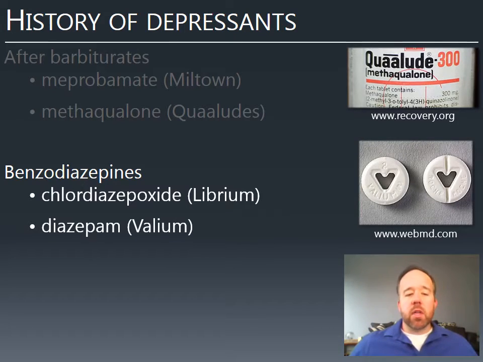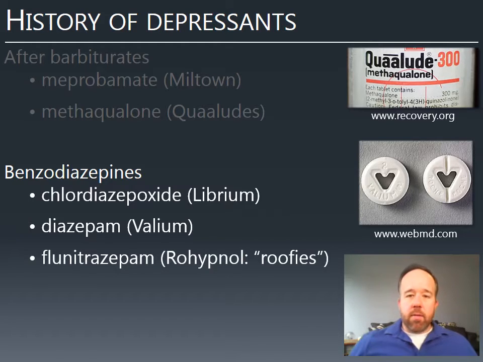One of the most common ones is, of course, diazepam, which is famously branded as Valium. This is used as an anti-anxiety drug and a sleep aid. It also has a fairly long duration, considering it's a sleeping pill. Its effects can actually last for several hours afterwards.